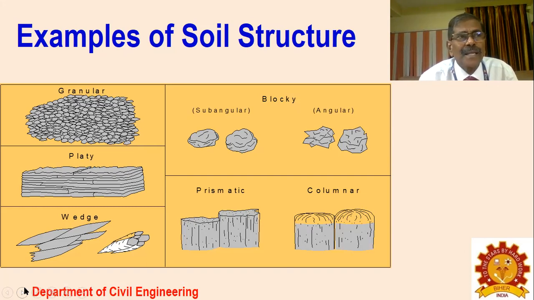If you work on such angular material, it can spoil any soft material because it can cut like a very abrasive material. Prismatic soils are very large materials, like columnar material. Columnar material sometimes may be angular because of sharp corners, and sometimes may be weathered prismatic material, which may be columnar and then subangular.